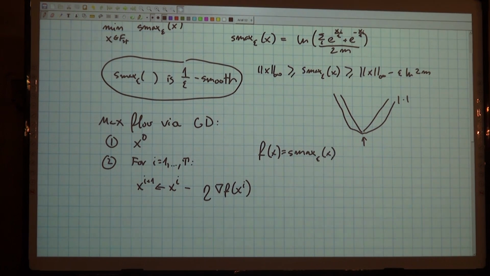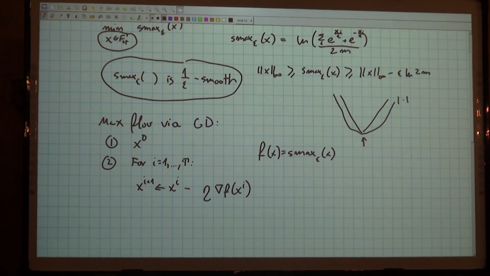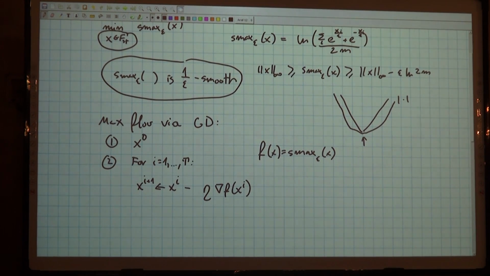But as we remember, we also care about this constraint. We want to always maintain a solution in the feasible space, the space of unit s-t flows. Just taking a gradient update might take us away from the subspace, actually it is likely to, so we also need to project back onto the space of feasible s-t flows. Essentially, for a given vector y, the projection is the arg min over all vectors z of the Euclidean distance between z and y, where z has to be in the space we care about.